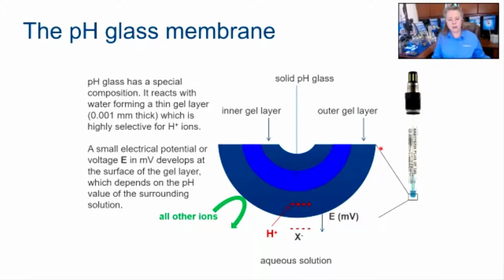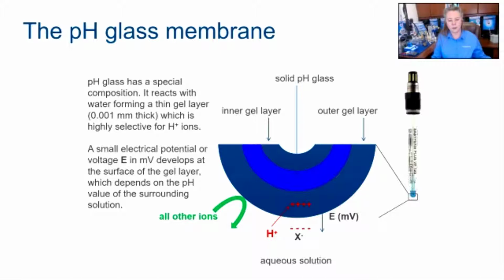Your glass goes here, then you have the outer gel layer. That's exposed to your process, to your solution, to your samples. That outer gel layer is permeable to hydrogen ions, but doesn't allow other ions in. And when you get those ions embedded in there, you end up with an electric potential between the inner and the outer. So it's a difference in electric potential between the inner gel layer and the outer.